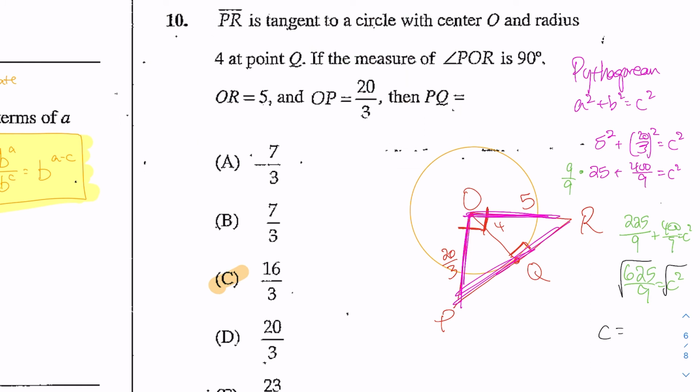C would be equal to 25 over 3. All right, so if you rewrite the 5 as 15 over 3, this is your 15, 20, 25, 3, 4, 5 right triangle. Because the numbers actually worked out really well.